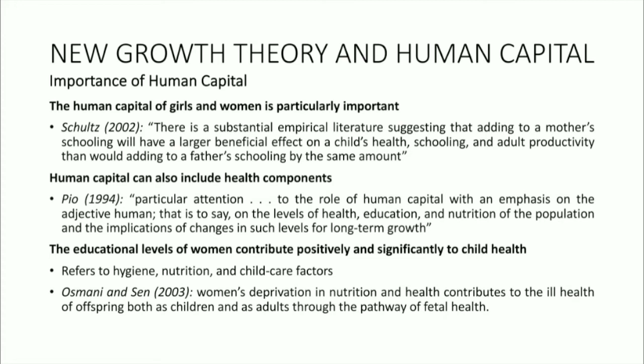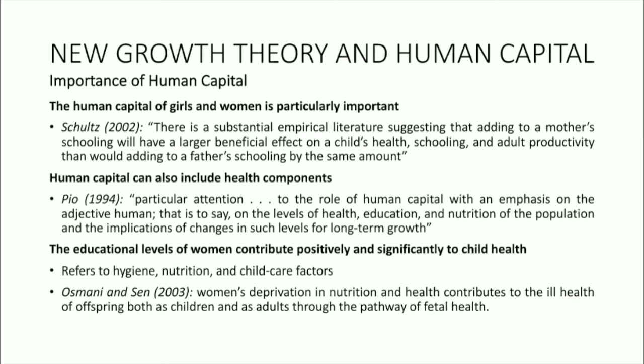So because of women's traditionally close relationship to children, it also turns out that the educational levels of women contribute positively and significantly to child's health. Of course, this refers to the hygiene and nutrition and childcare factors for the mediation of child's health. And with the work of Osmani and Sen, again, if I pronounced that wrong, sorry, 2003, women's deprivation in nutrition and health contributes to the ill health of offspring, both as children and as adults, through the pathway of fetal health.